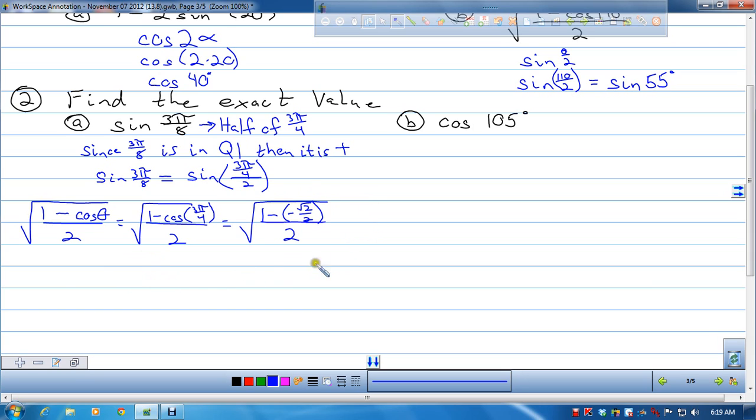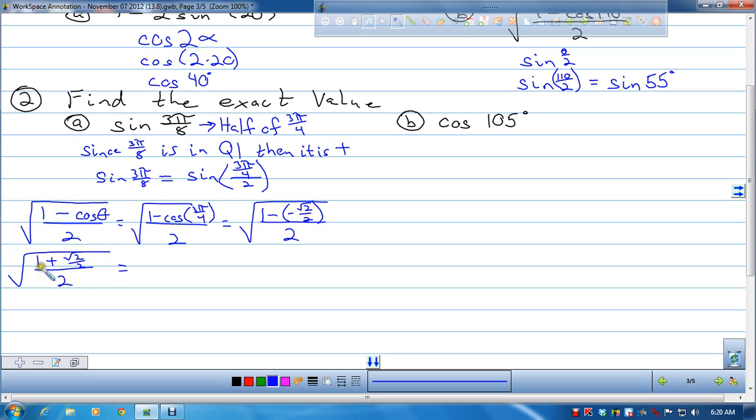As I'm simplifying, I get 1 plus root 2 over 2, because when I subtract a negative, I get a positive. Now it's rules of radicals and simplification from here. You can try this on your own, or just follow along to get the feel for what we have.